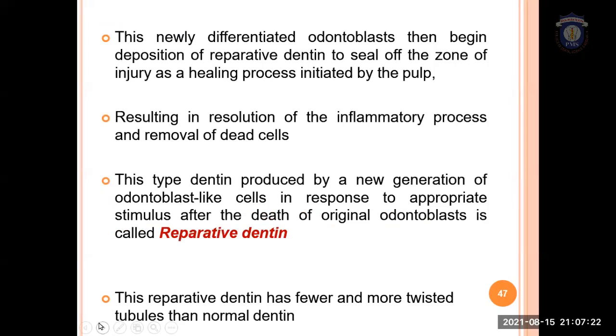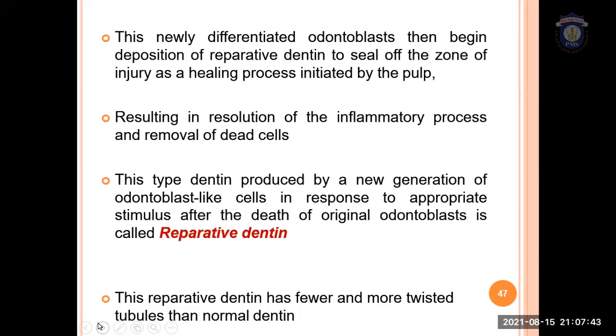So this kind of dentine produced by newly formed odontoblasts to seal off the zone of injury as a healing process is known as the reparative dentine. So after reparative dentine formation, there will be a resolution of the inflammatory process and removal of all the cells.